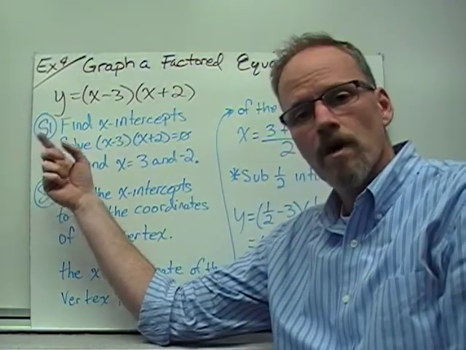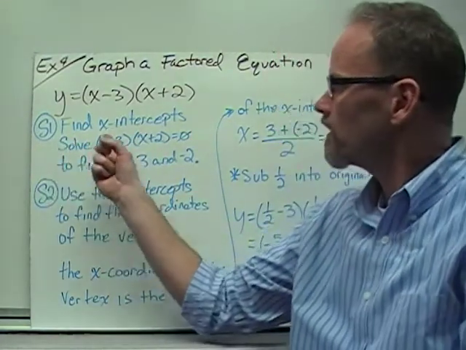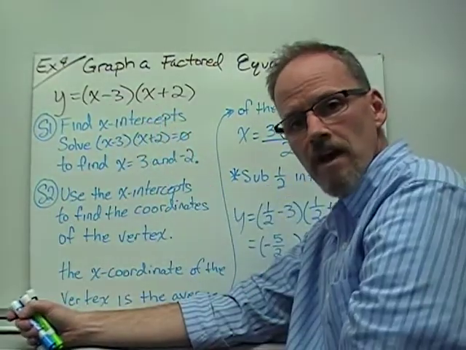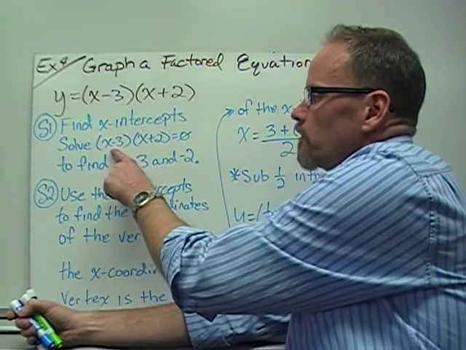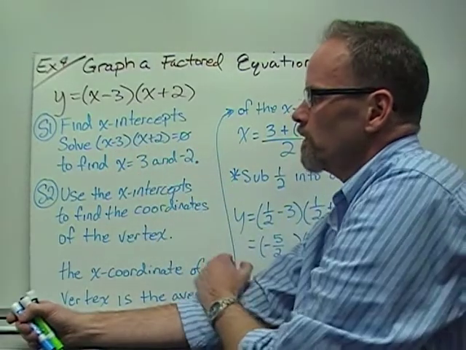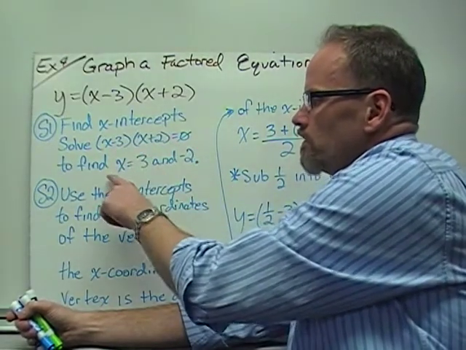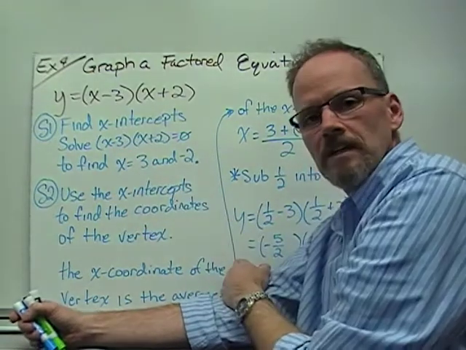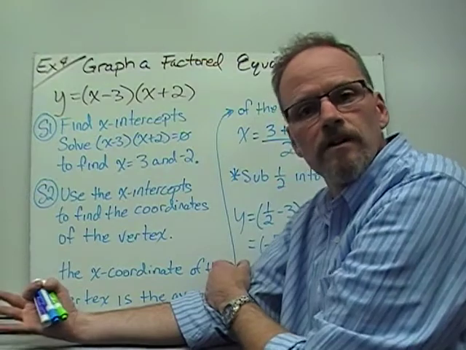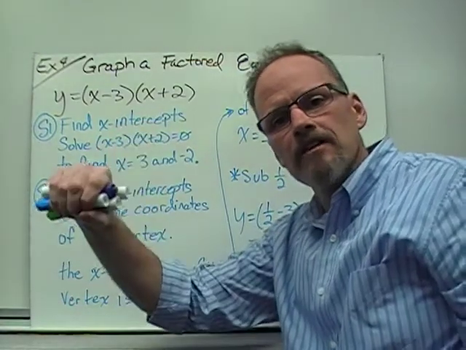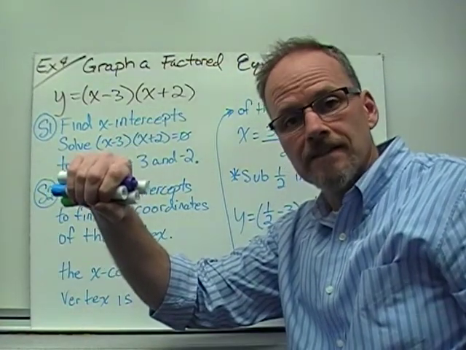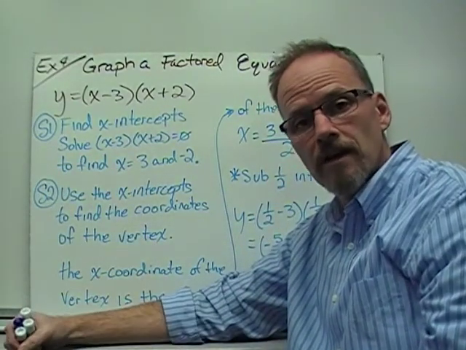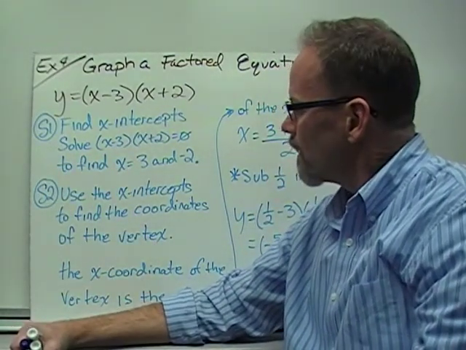So step one, we're just going to find the x-intercepts, which means we're just going to solve like we have been in this lesson. Solve for x minus 3 and x plus 2. If you do that, you will find that this becomes 3 and that becomes negative 2. I have my x-intercepts. That means I'm going to have a negative 2 point on the x-axis and a positive 3 on the x-axis. I know that now.